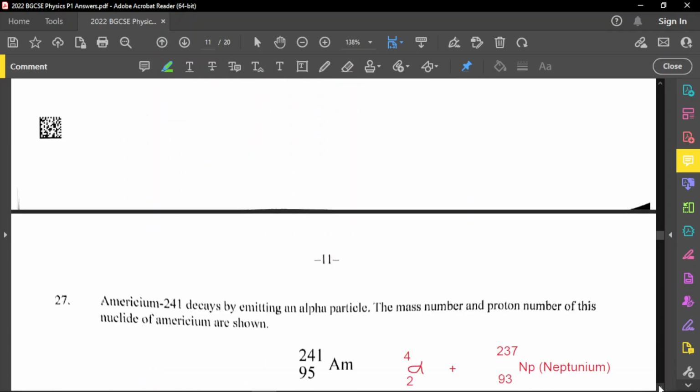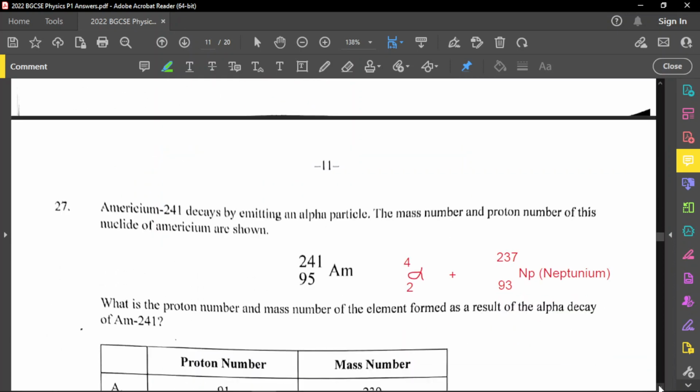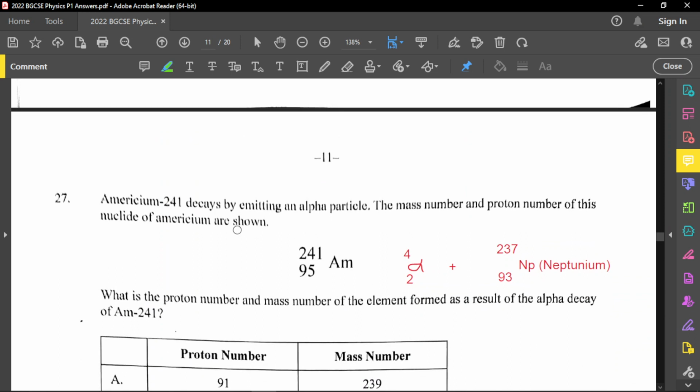For question number 27, this one reads that americium, which is 241, decays by emitting an alpha particle. The mass number and proton number of this nuclide of americium are shown.